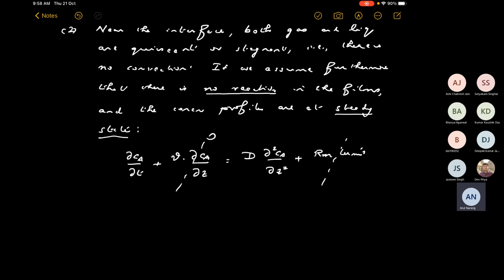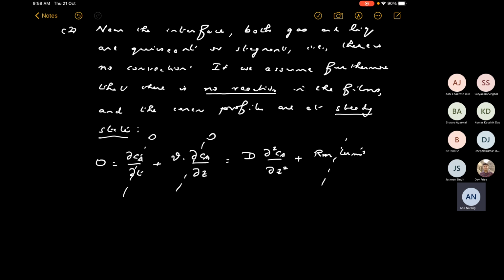And the third assumption is that the whole thing is at steady state, so we put this equal to zero. So we end up with zero equals D times d squared CA/dz squared in each of the films. And that is just Fick's second law.